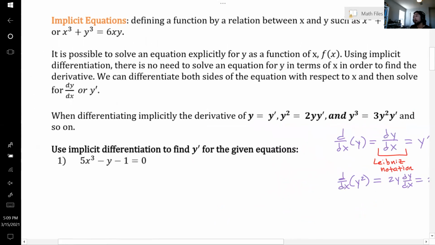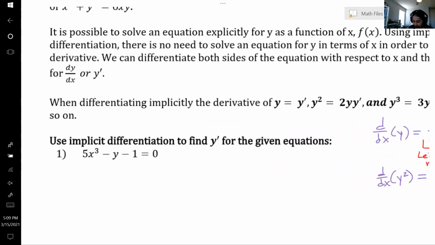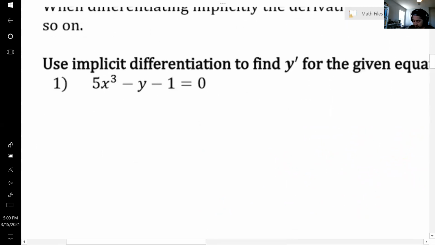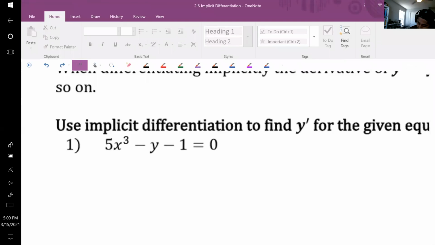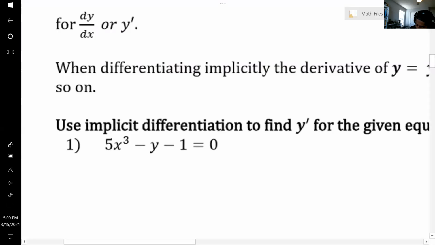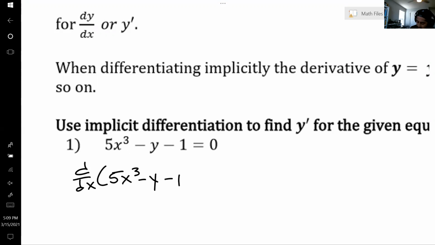For number 1, it says use implicit differentiation to find y prime for the given equations. The way we do this, working in the new OneNote today, is that we say d over dx of 5x cubed minus y minus 1 equals d over dx of 0.